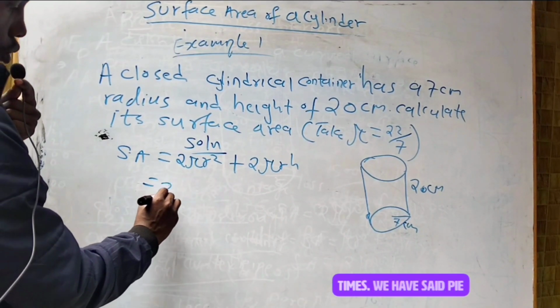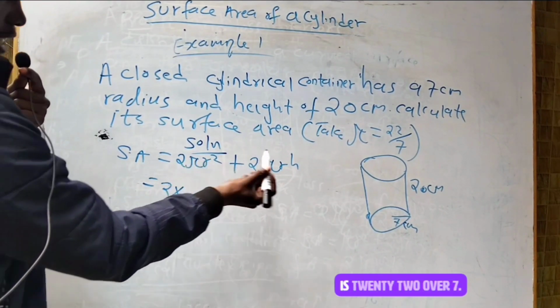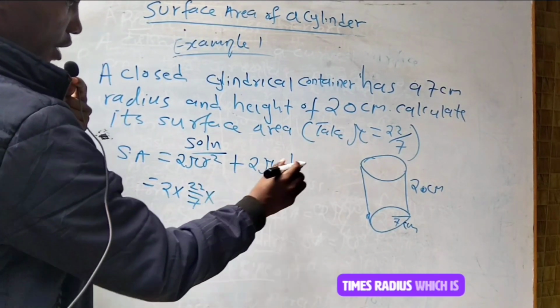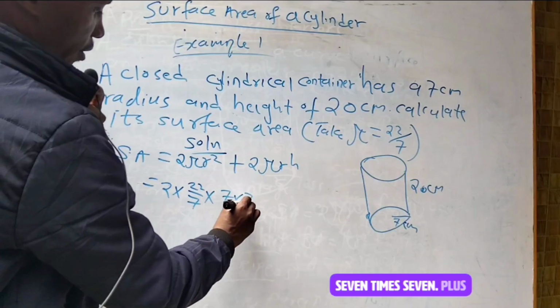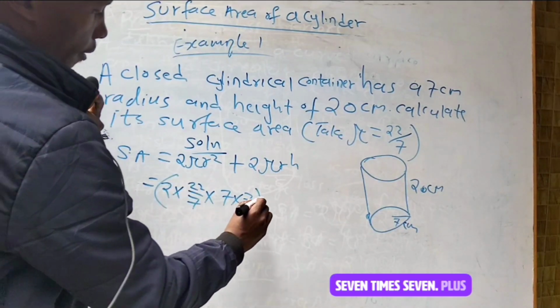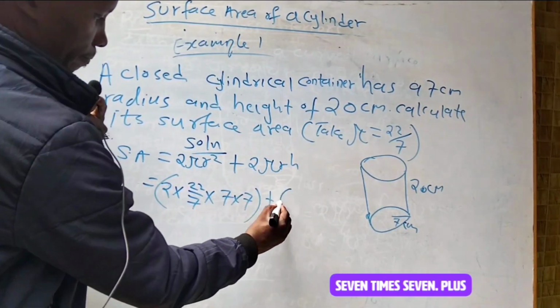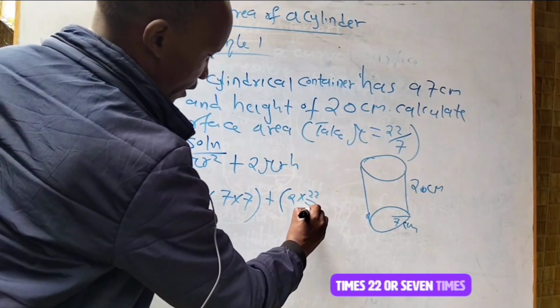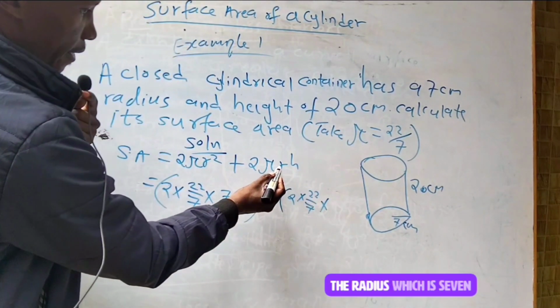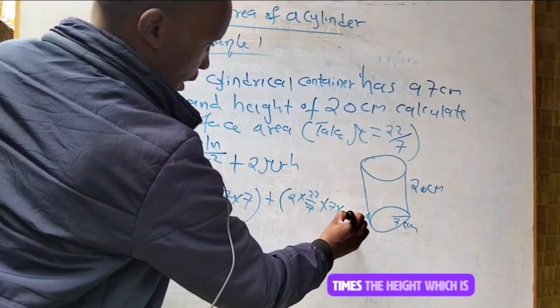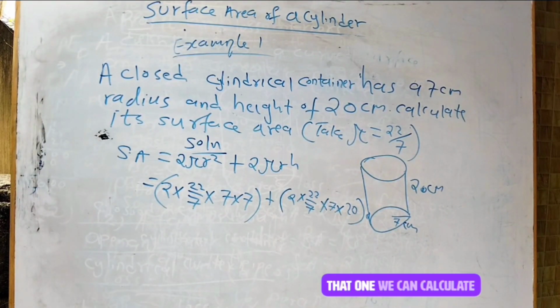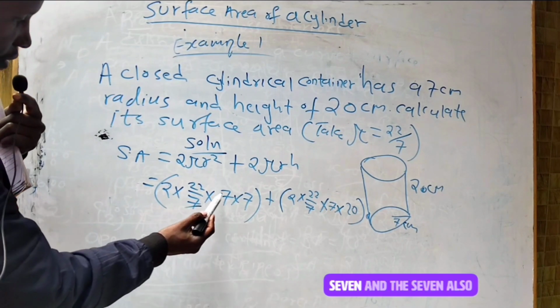So I can now feed the values in the formula. This is 2 times pi, which we said is 22 over 7, times the radius, 7, times 7, plus 2 times 22 over 7 times the radius, 7, times the height, 20. Then we can calculate so easily. Cancel this 7 and this 7.